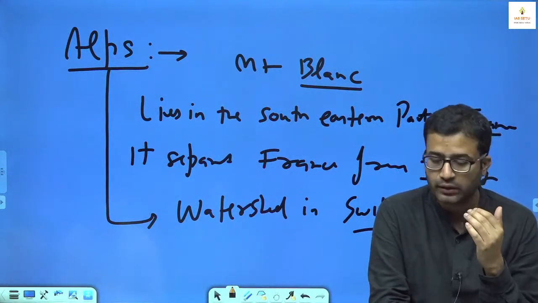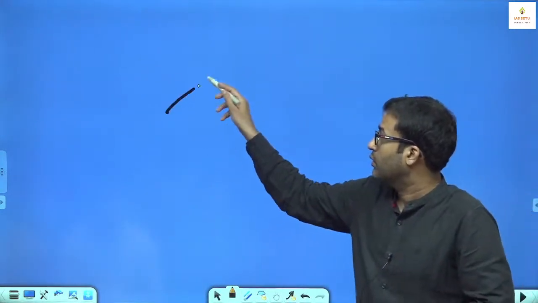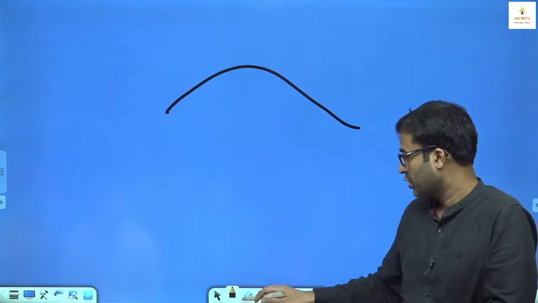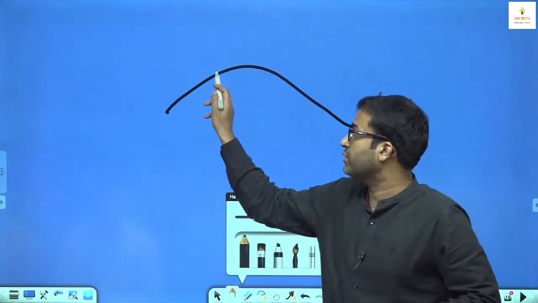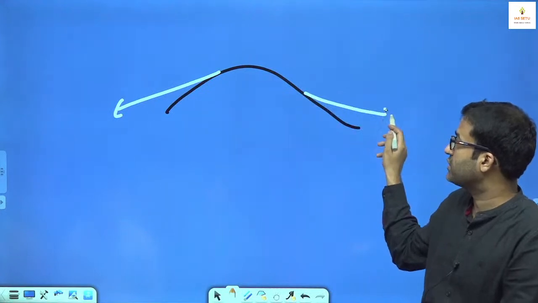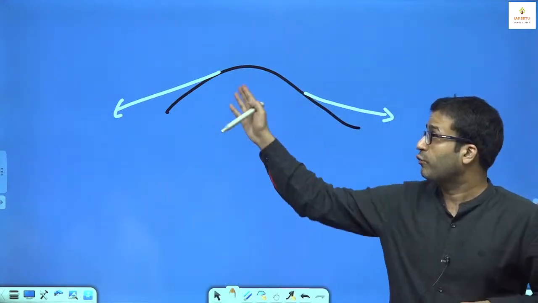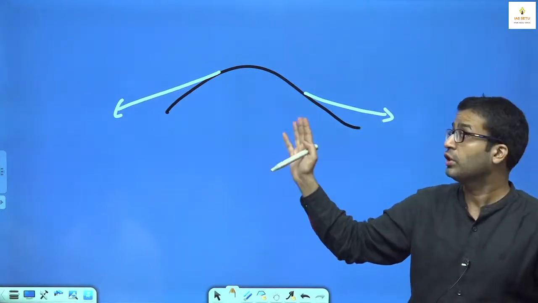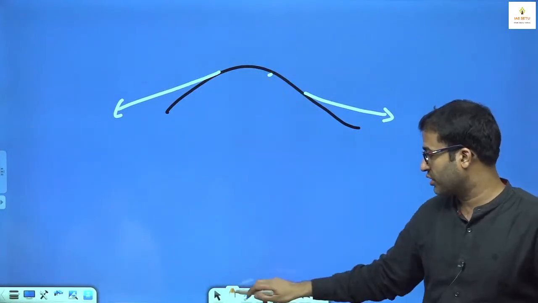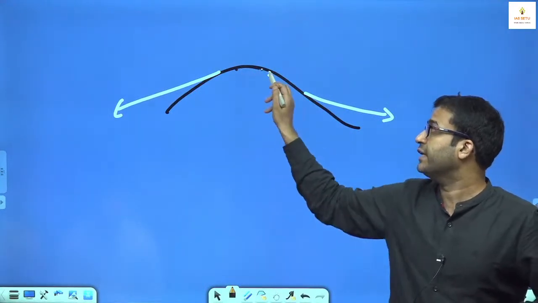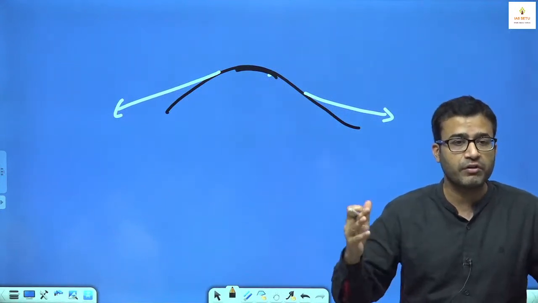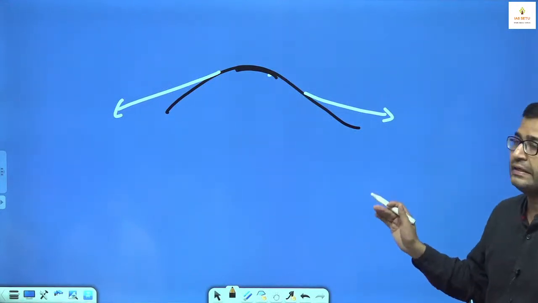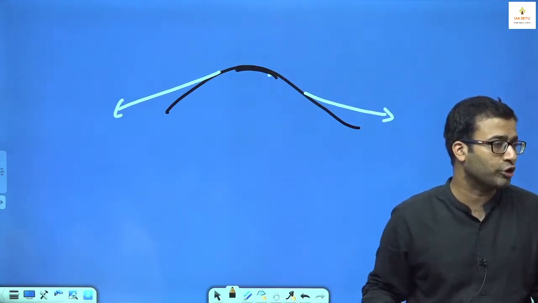What is important here is that this is the upland region, mountain range. We have a river system on this side, and a river system on this side. The water of that side is on the west side and this one stays on this side. It will not get mixed. So this peak or mountain range, we say it acts like a watershed, which divides two different river systems. Similarly, this Alps acts like a watershed in Switzerland.